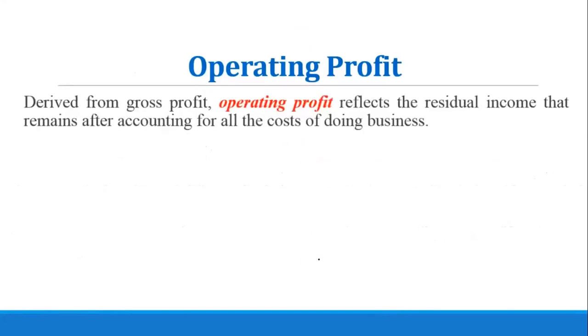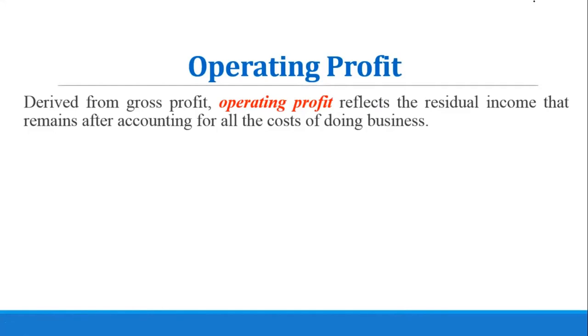So when we say operating profit, okay, next on the income statement is operating profit, okay, this is derived from gross profit. Okay, so this reflects the residual income that remains after accounting for all the costs of doing business. Okay, doing business.